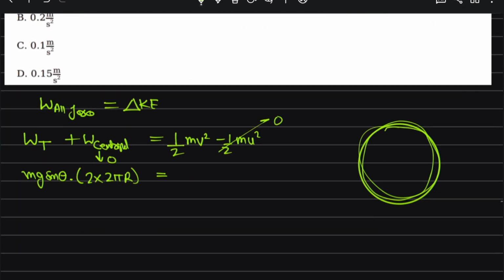They are asking for tangential acceleration. Centripetal force is already 0 because it acts towards the center, at 90 degrees to the displacement, so that's why its work is 0 in circular motion, as you already know.